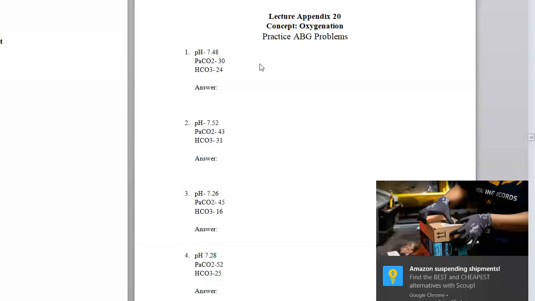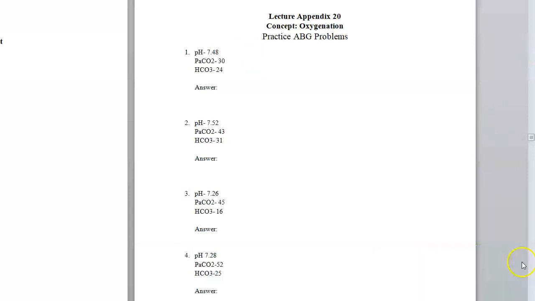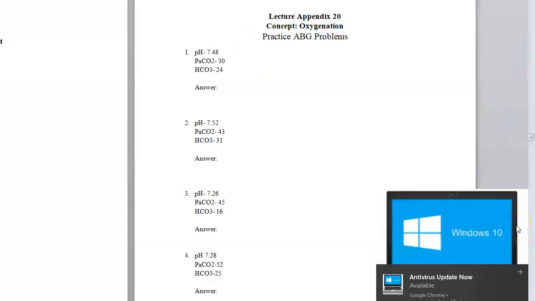All right, let's look at number 3. The pH is 7.26. Think about where that is on the scale. Is it going more to the left? Is it going more to the right? It's definitely below 7.35, so going to the left, it's acidotic.